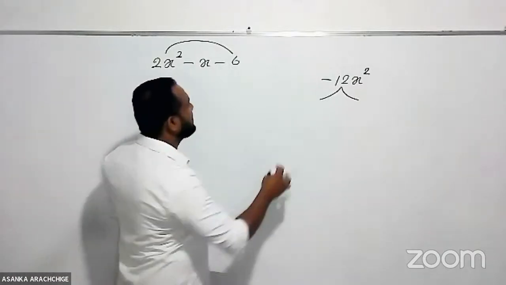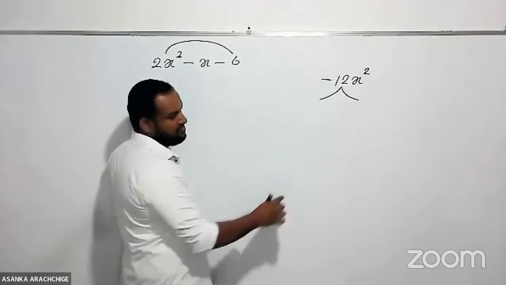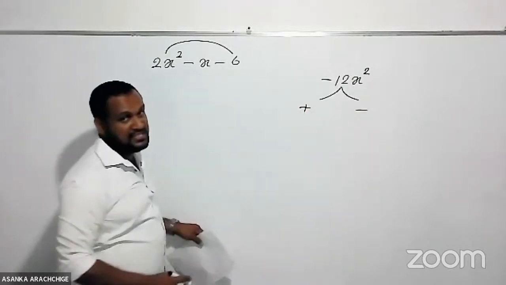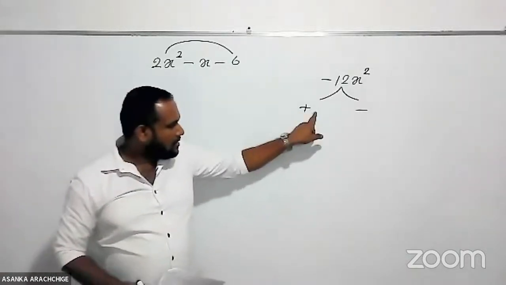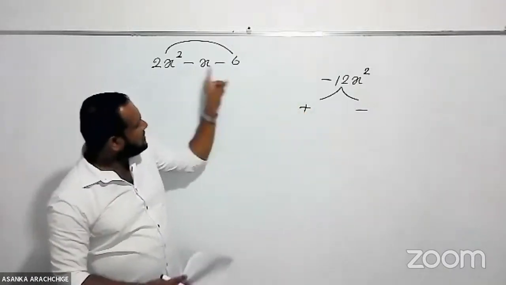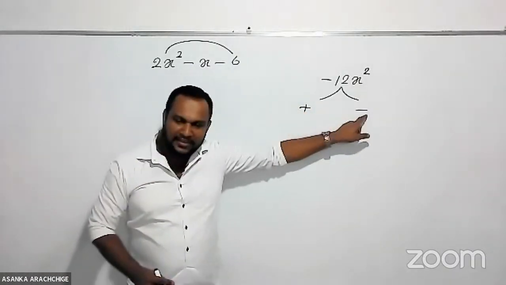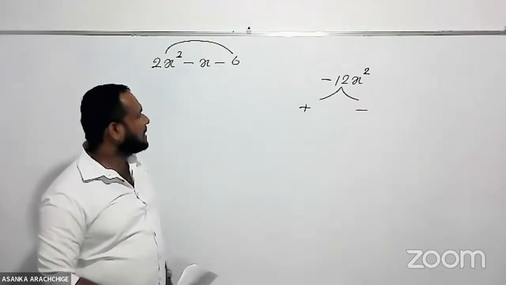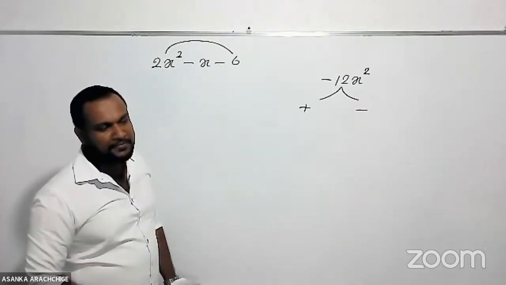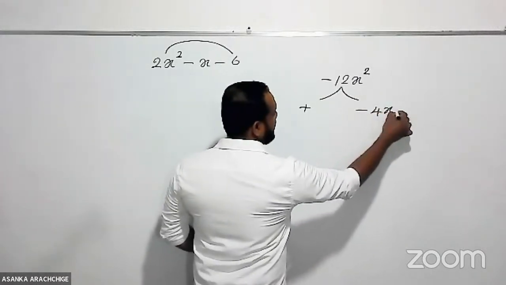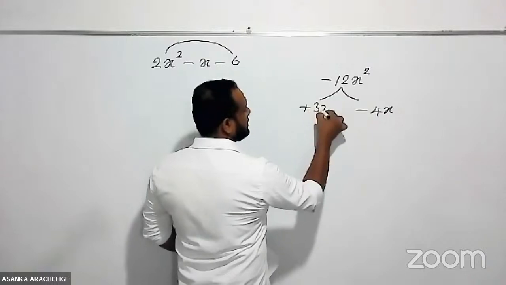This is minus, therefore one factor should be plus, while the other is minus. If their sum is negative, the bigger factor must be negative. Then what are the two suitable factors? Negative 4x and positive 3x.